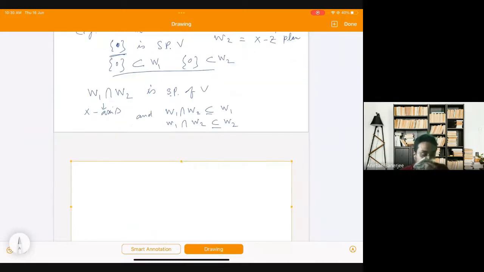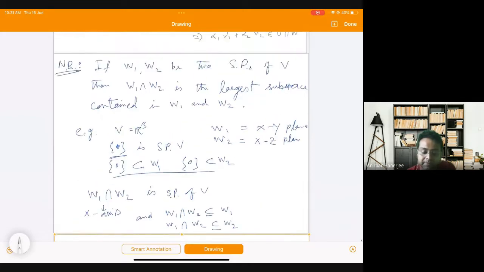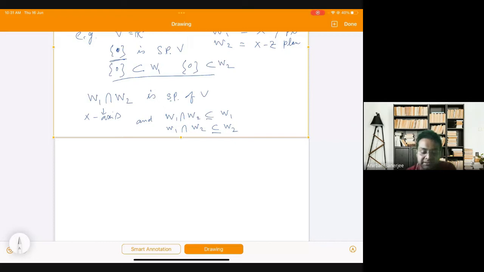Also, we have another comment that if we have two subspaces W1, W2, the intersection will also be a subspace. This is also true for finitely many intersections.